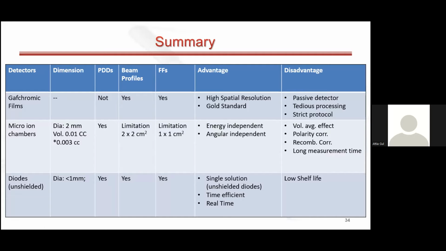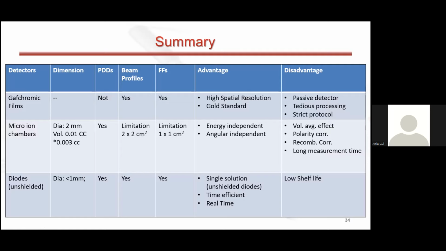That is why it requires very little time for output factor, beam profile, or PDD measurement. Also, it gives a single solution, because we can use these detectors for a complete set of relative dosimetry, and it is also a real-time detector. Its only disadvantage is that it has a low shelf life.